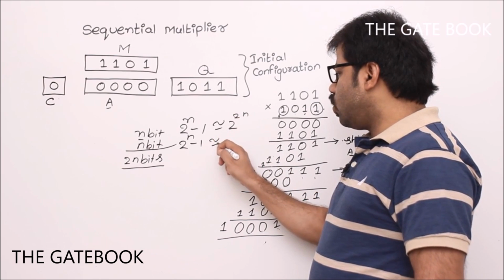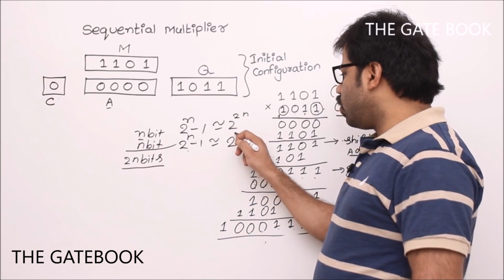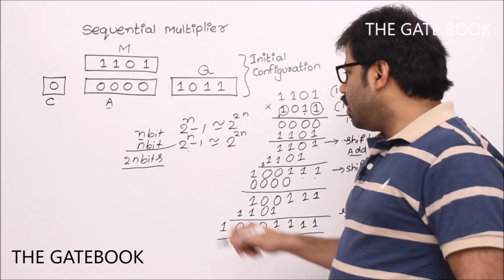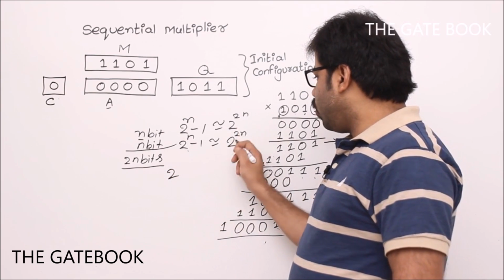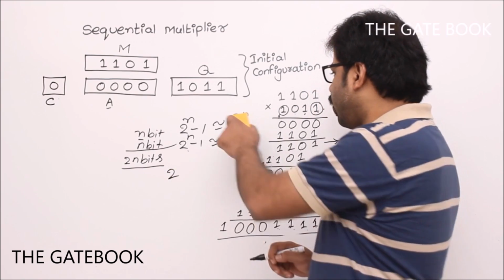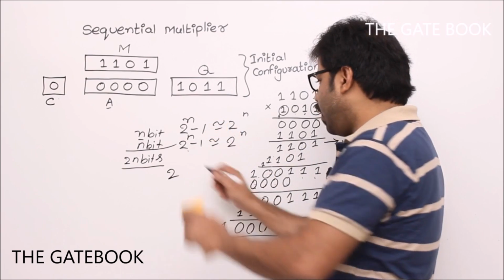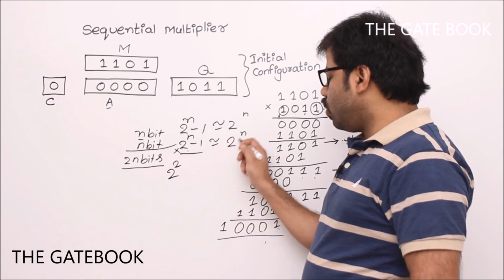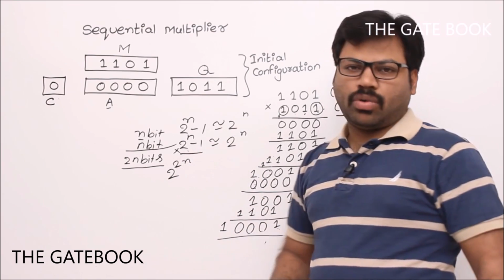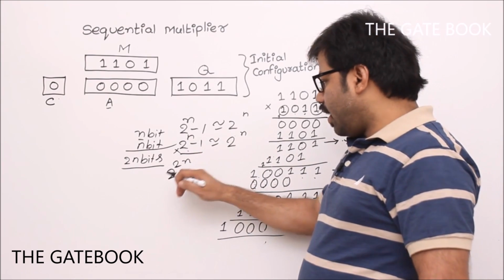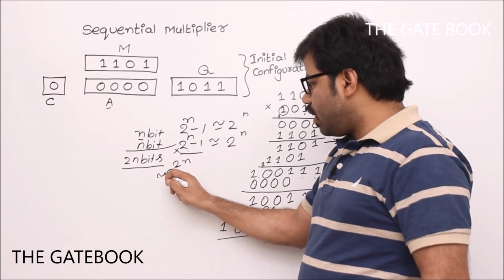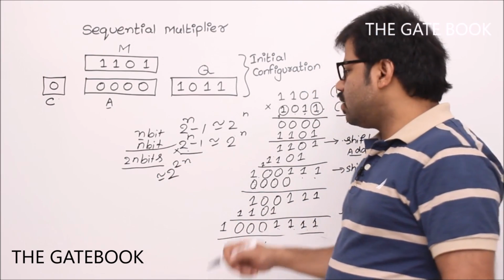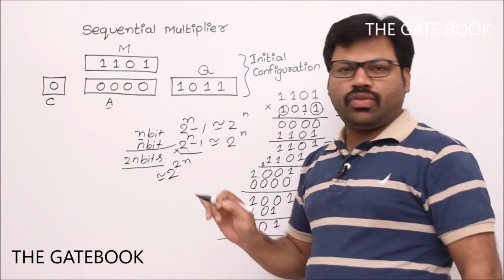Then if you multiply 2 power n and 2 power n, the result is going to be 2 to the power of n into 2 to the power of n, which is nothing but 2 to the power of 2n, okay? But not exactly 2 to the power of 2n, approximately. It is definitely less than 2 to the power of 2n.